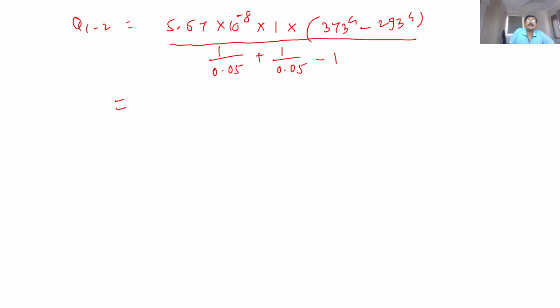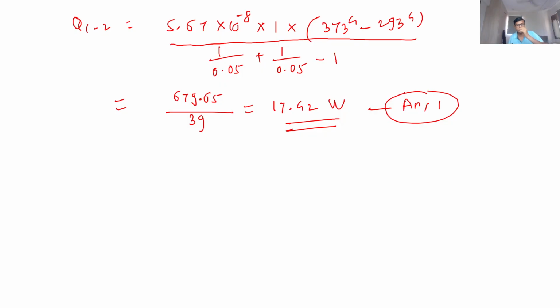Now I will calculate only the numerator. The value of the numerator comes as 679.65, and the denominator comes to 39. So the answer for Q1-2 is 17.42 watt. So this is answer 1, for case 1.